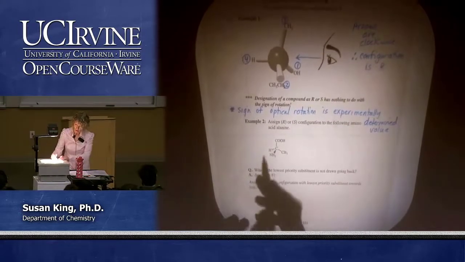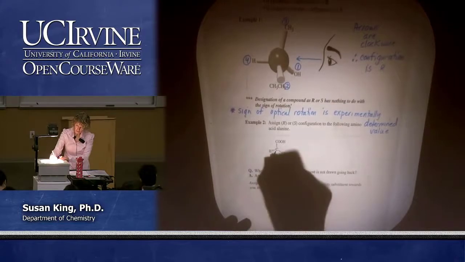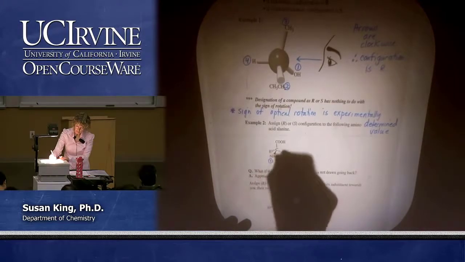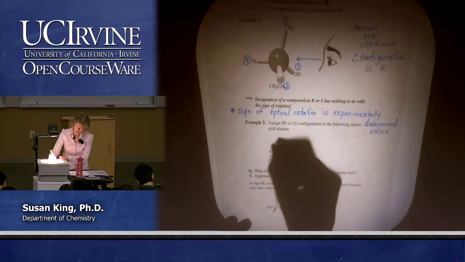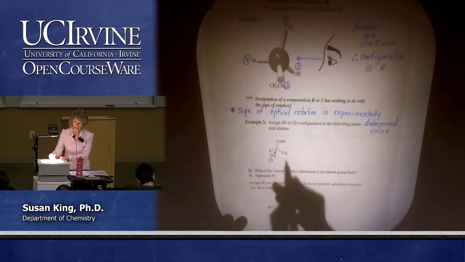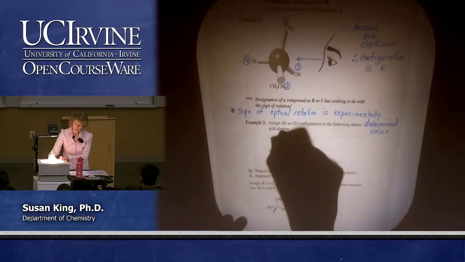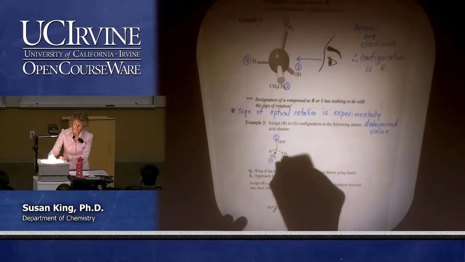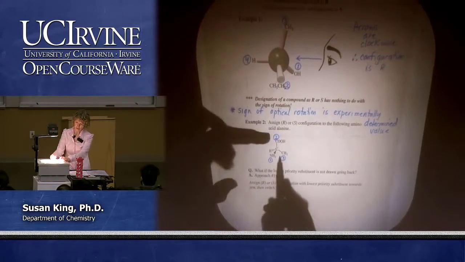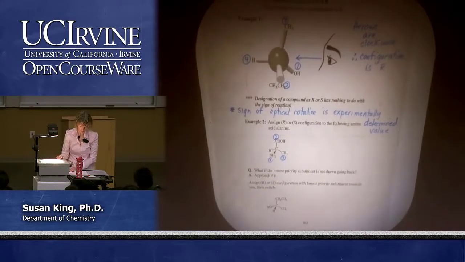Okay, so priorities. Nitrogen is going to be first priority. This is carbon, carbon, carbon, carbon. So since they're both carbon, we go to the next atom out. This is carbon, hydrogen. This is carbon, oxygen. So this is going to be number 2, and this is going to be number 3. So in case of a tie, we move out another atom. We keep moving out until we see a difference.